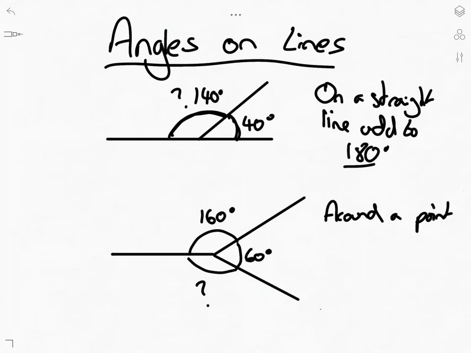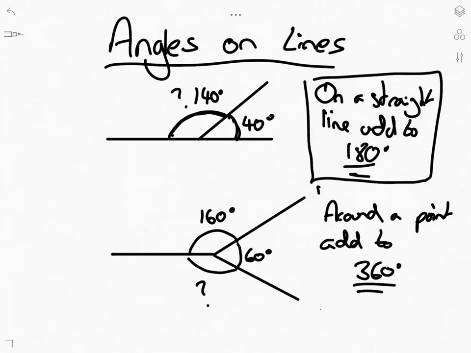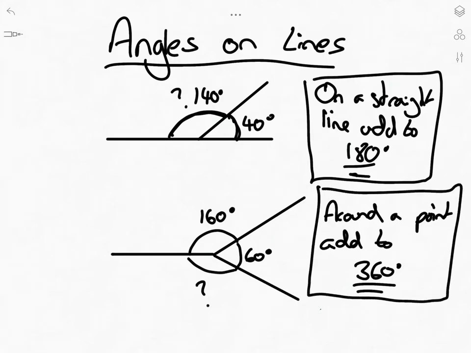So for these ones, around a point, they add up to, if you don't know, it's 360. You should know both of these. These are super easy. You've done them the whole time. If you're forgetting them, you need to learn them. So here's a question.